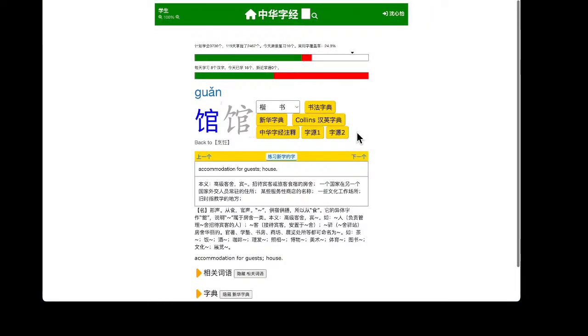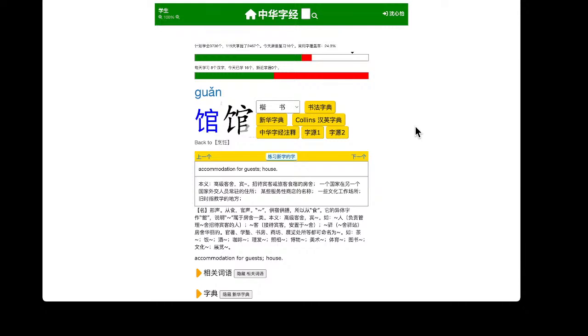Next one, 馆. 馆 is accommodation for guests, like 宾馆, 饭馆, the hotels for guests. It also generally refers to somewhat public places, like 图书馆, library, 体育馆, gym, 美术馆, art museum, 照相馆, a photo studio for taking people's photos, and 咖啡馆, cafe.